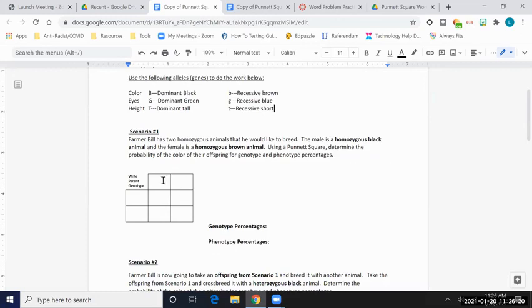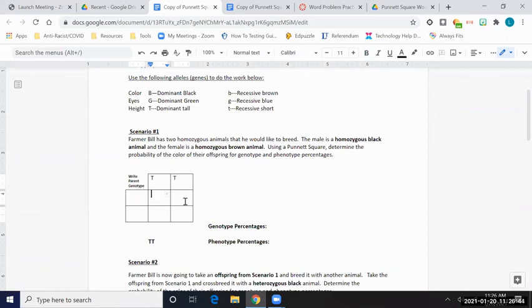Okay. And I did get some confusion with this Punnett square box. I tried to make it a little bit easier to make sure you write down the parent genotypes as well. So, for example, and I'm not giving you the answer here, but if we have a homozygous dominant parent, you'll write one allele in each box. That's kind of the goal.